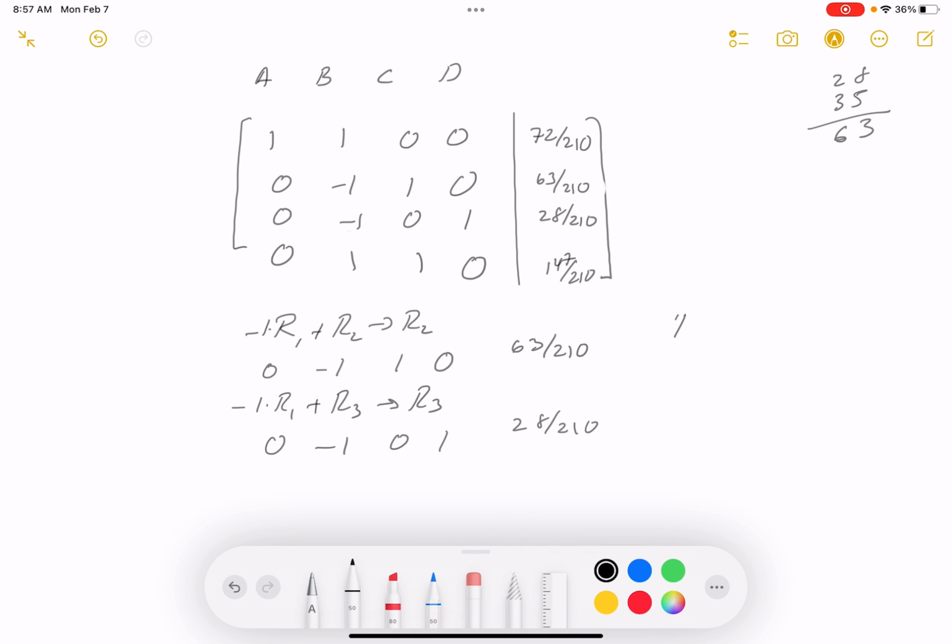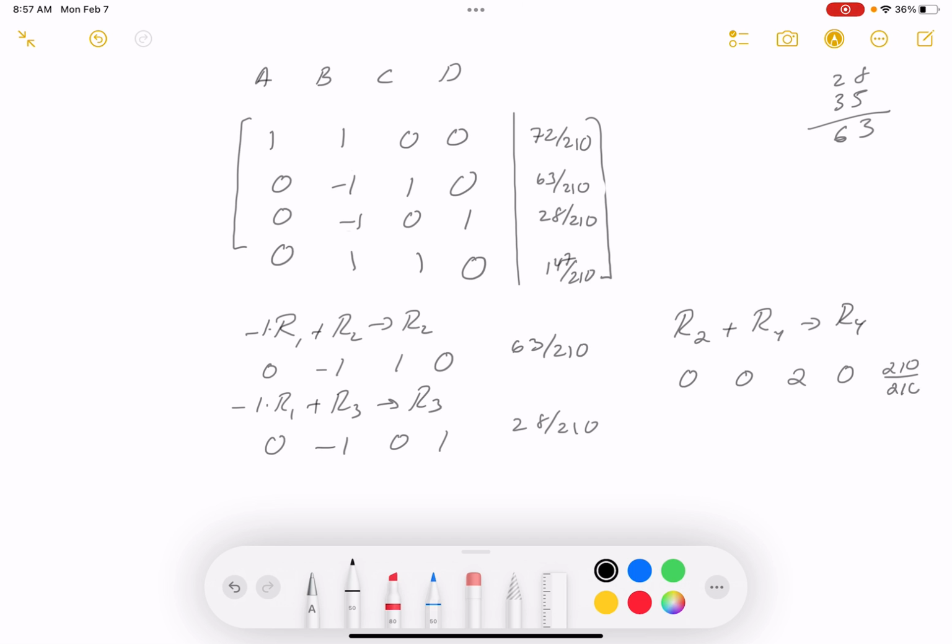I'm going to take row 2 and add it to row 4, these are like adding equations together, and I'll put it into row 4. And what do you get there? 0, 0, 2, 0. I'm adding them together, right? 63 and 147 is 210 over 210.